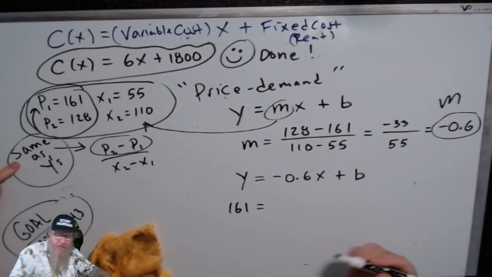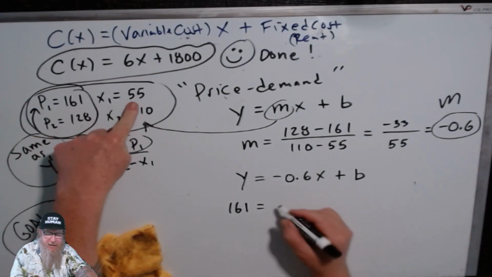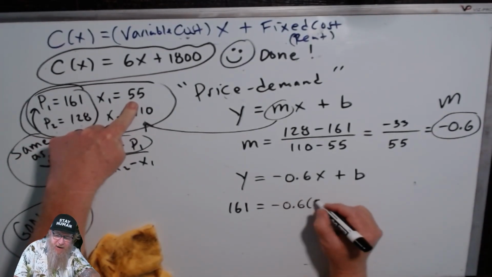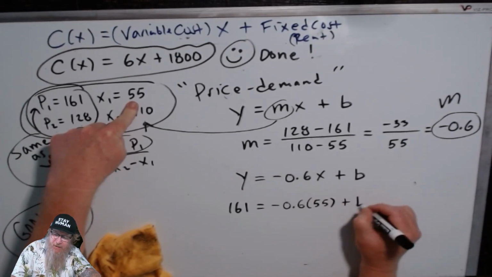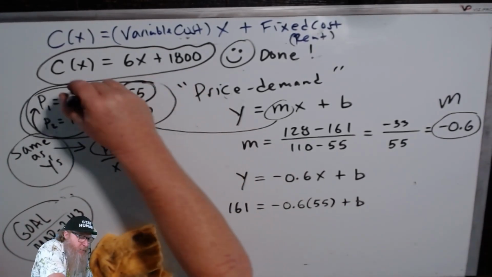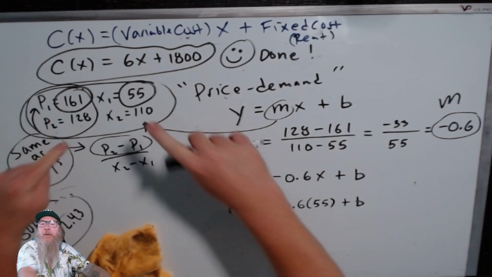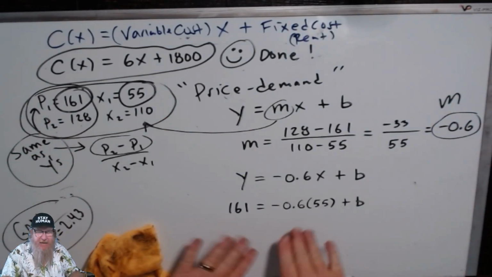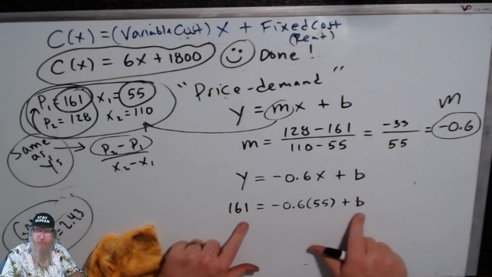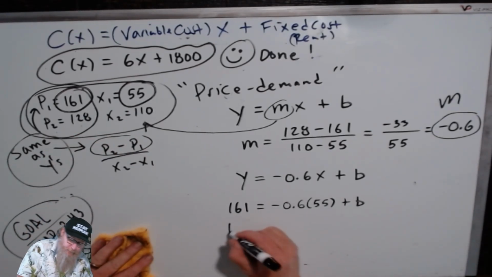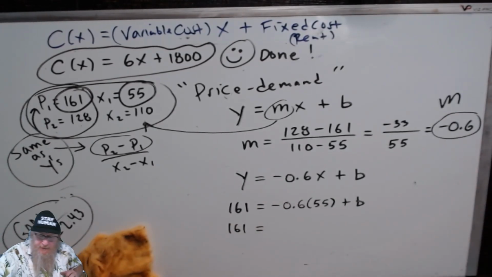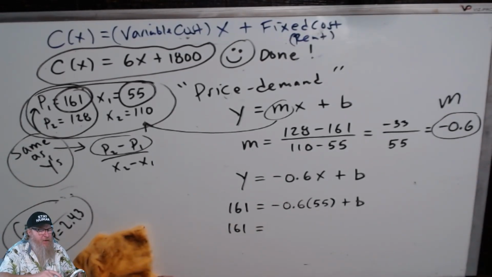Just pick one, and then pick the corresponding x. Let's do 55. Make sure if you pick one, you pick the one that goes with it. So 161 and 55. Or you could have picked the other one. It doesn't matter. Either one of those given numbers will tell you what the B is. The B is a prohibitive price. It means that if you charge that, nobody's going to buy it.